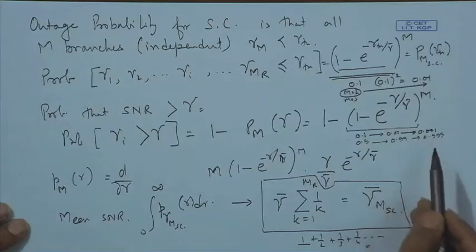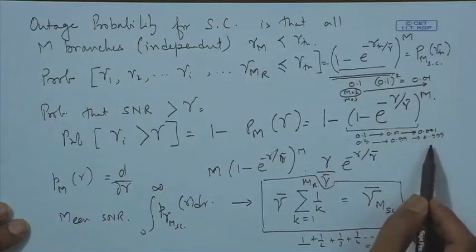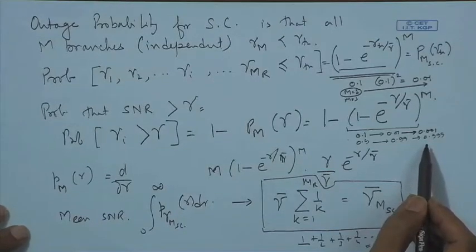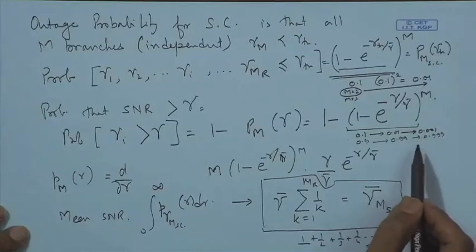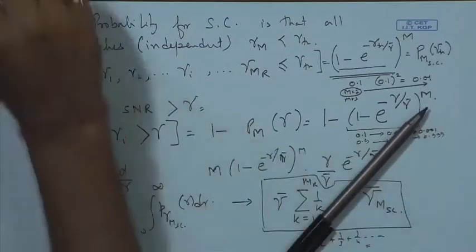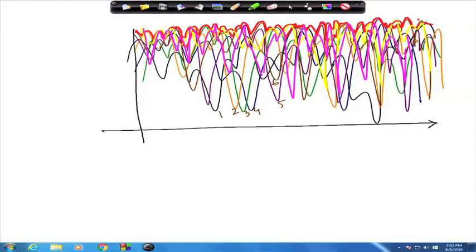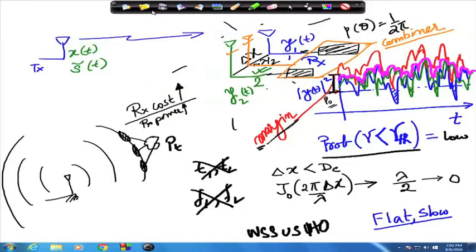So, that is a great advantage that multiple receive antennas can provide us, and that is why multiple receive antennas are highly favored. In selection combining, if we look at the previous pages, there we said that cost goes up.